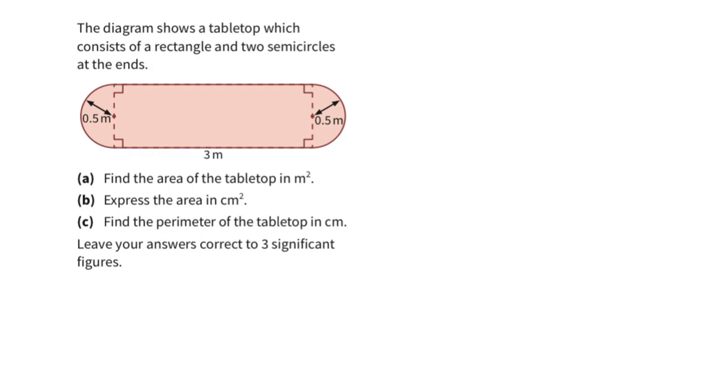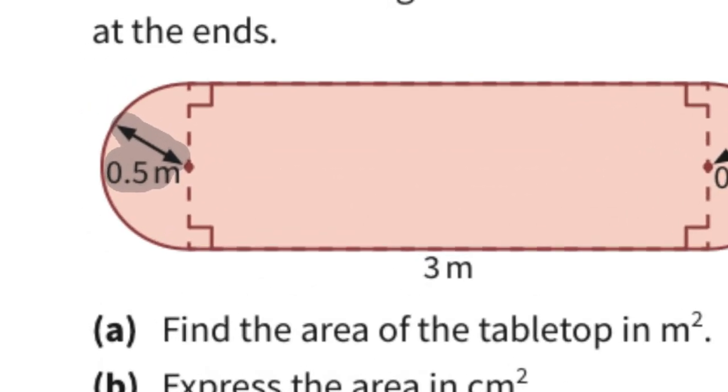Okay, in case you don't already know, since they give us the diameter as 0.5 meter, do take note this is the radius, meaning this will be 0.5 meter as well, this as well, and therefore for the rectangular portion, the breadth will be 1 meter, 0.5 plus 0.5.